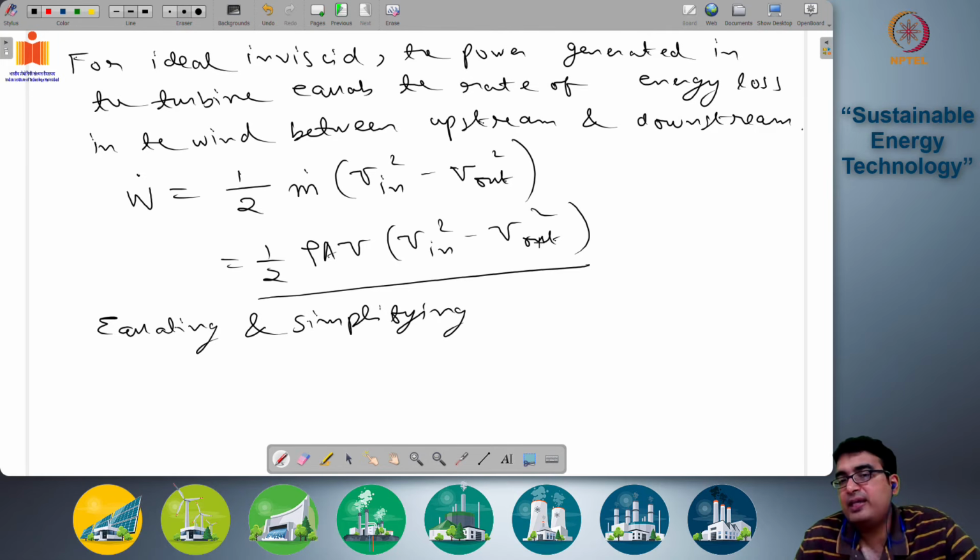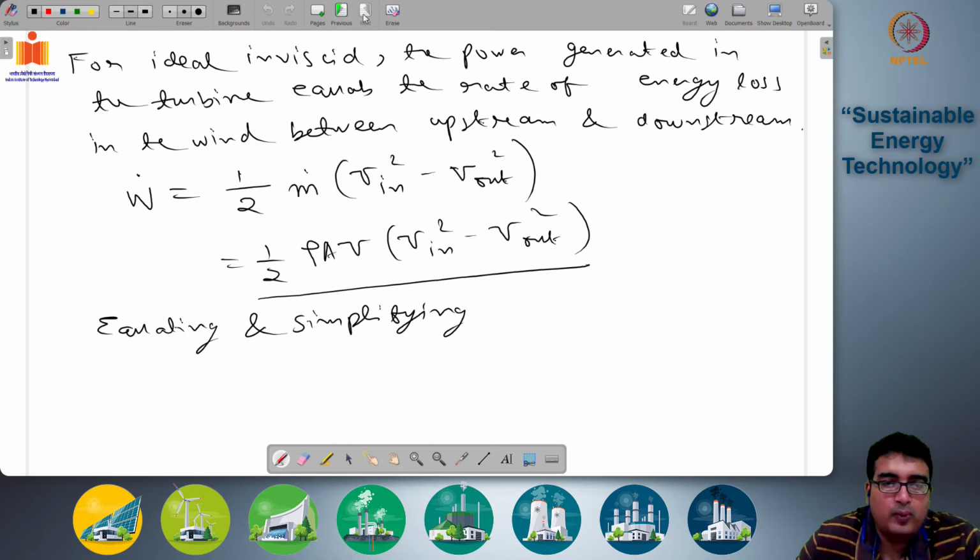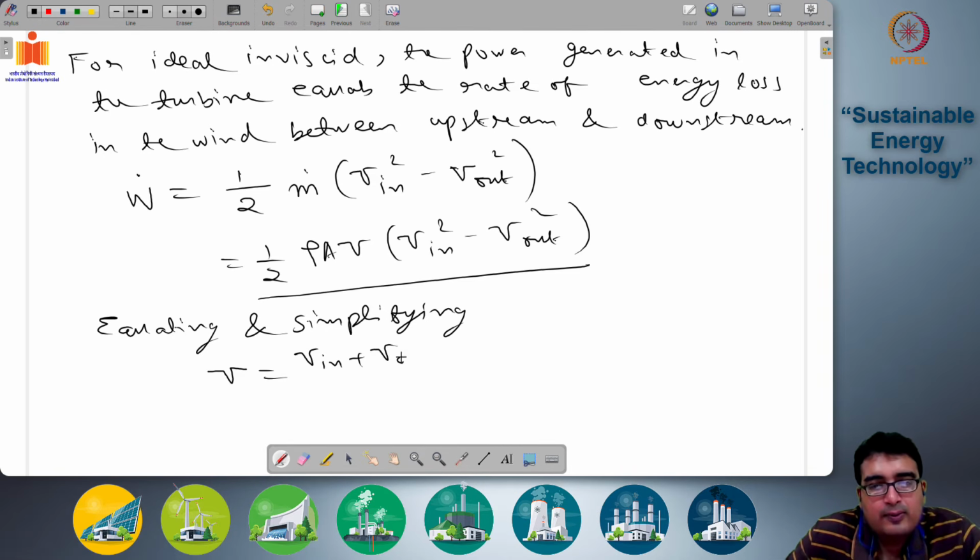V in square minus V out square is V in minus V out into V in plus V out. Okay. And this V in minus V out can be cancelled out with this V in minus V out. So when we do all of those things, we get V equals V in plus V out by 2.